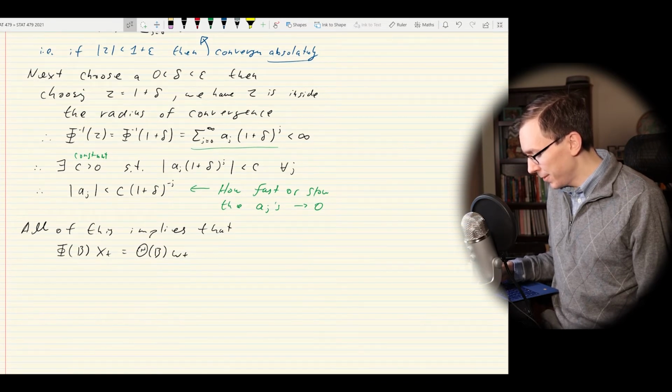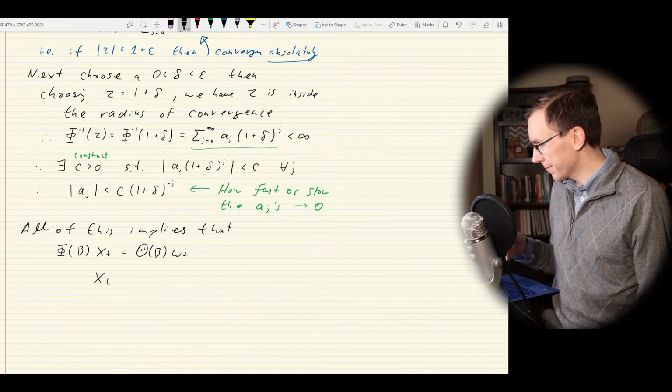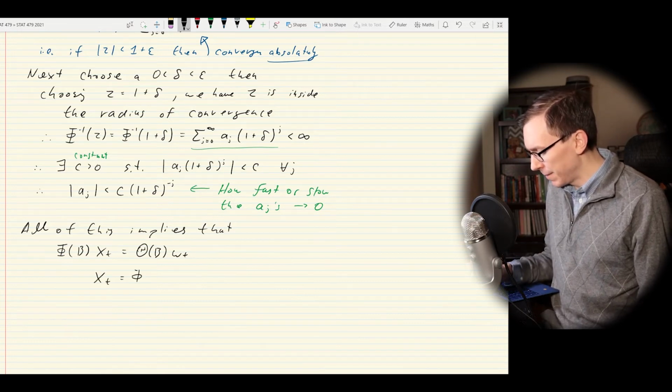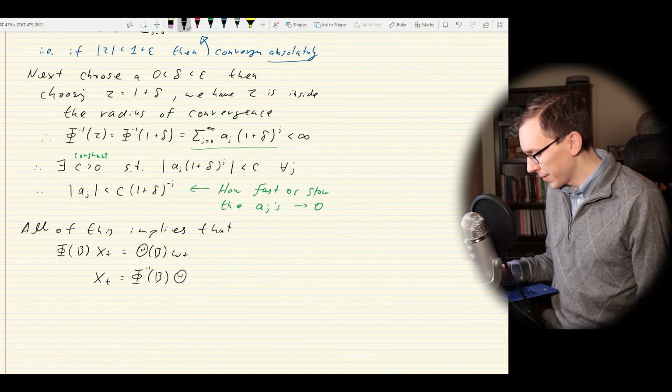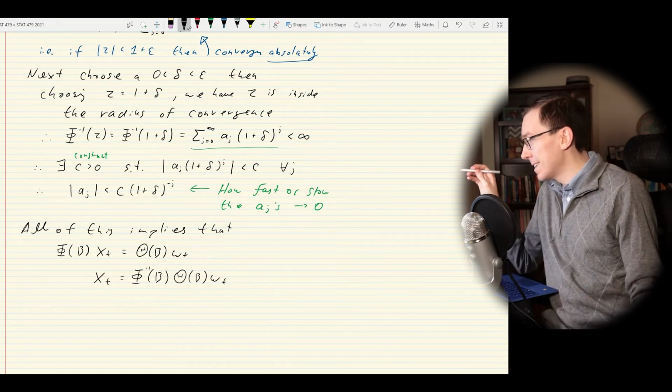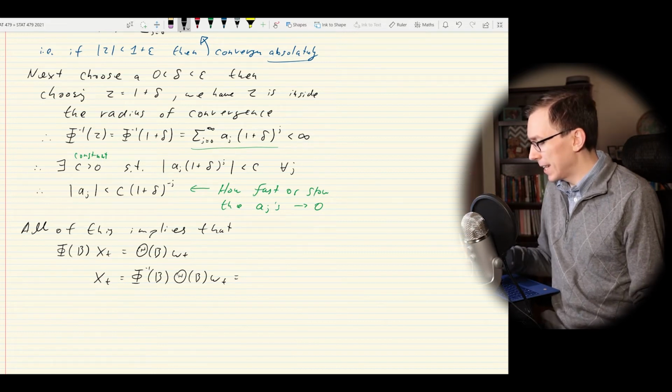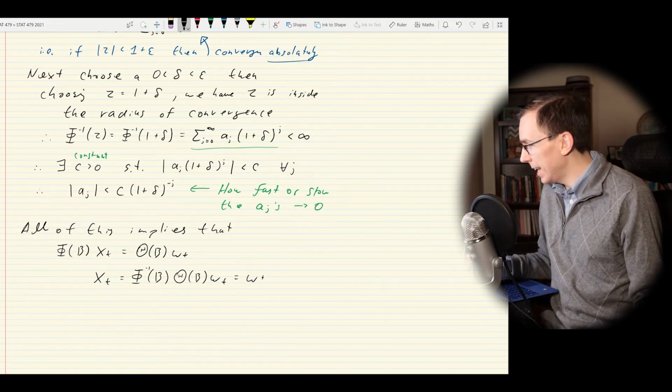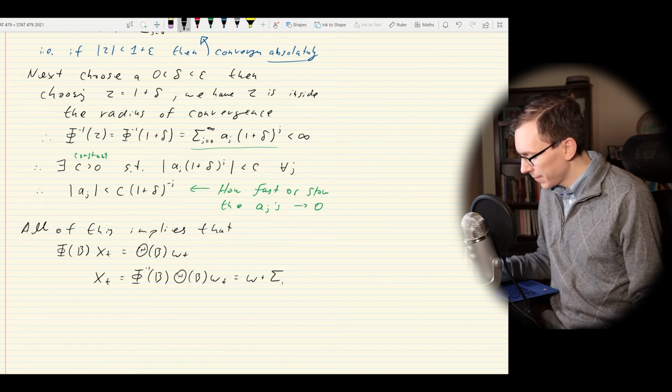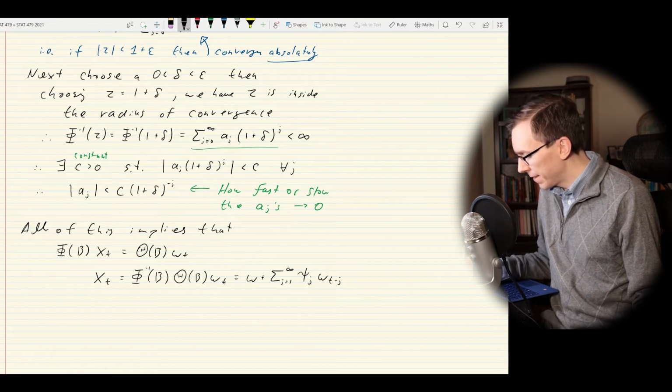And what we can do is rearrange the terms to get something that's going to look like x_t is equal to phi inverse(B) theta(B) w_t. And what that means is that we can actually write this out as a causal linear process in this form: psi_j w_{t-j}.